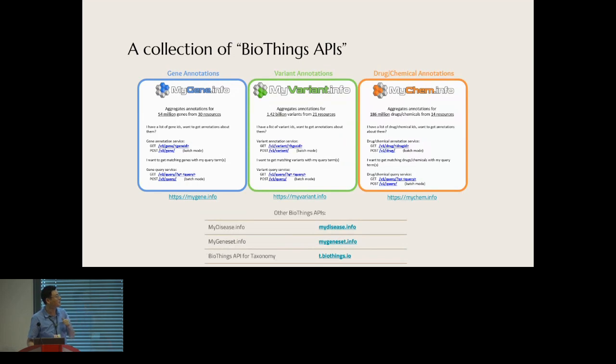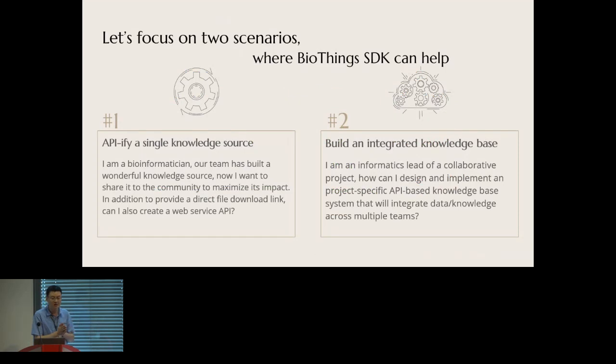We also have mydisease, for diseases and phenotypes. Recently we built mygeneset, focusing on functional gene sets and pathways. And we have another smaller one, taxonomy species, which is just an easy-to-use API for you to build your own bioinformatics pipelines or web applications. But this is not the focus of this talk.